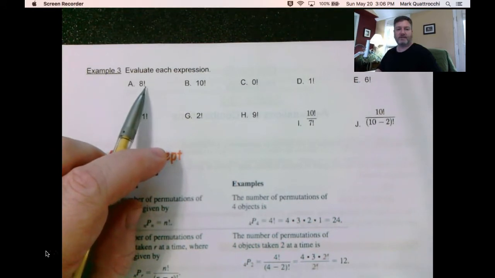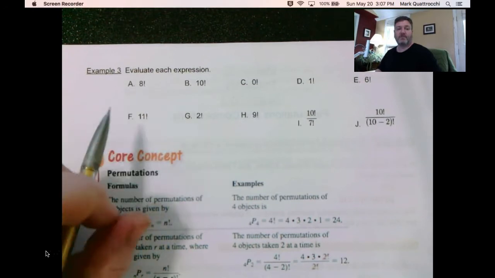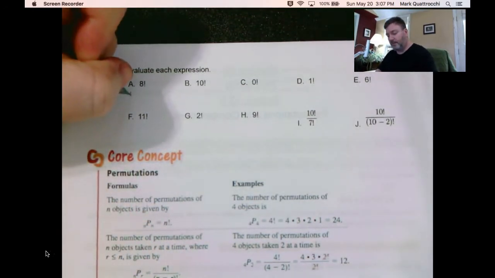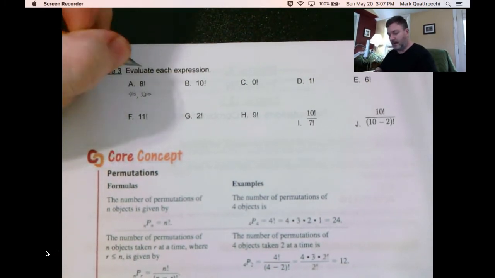Typically it's a button. On some calculators you have to go to a probability section or a math key to find where the factorial function is. So 8 factorial is 40,320.